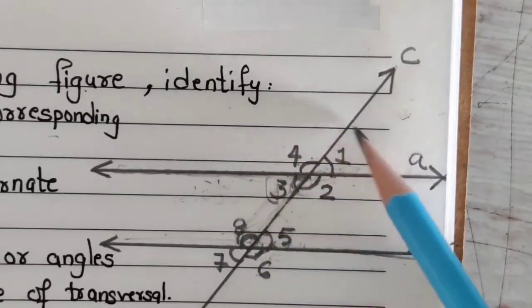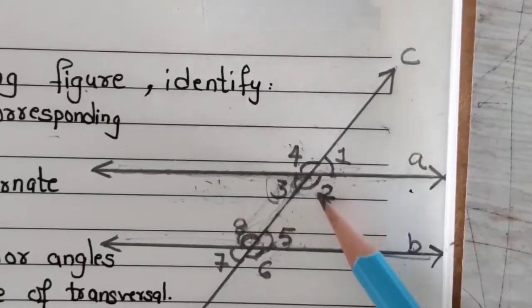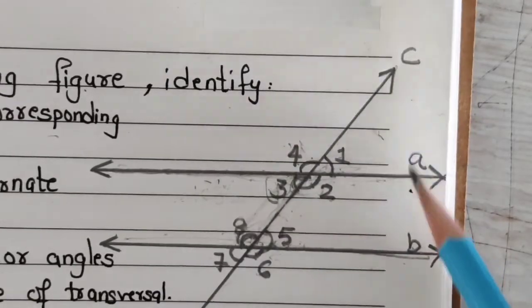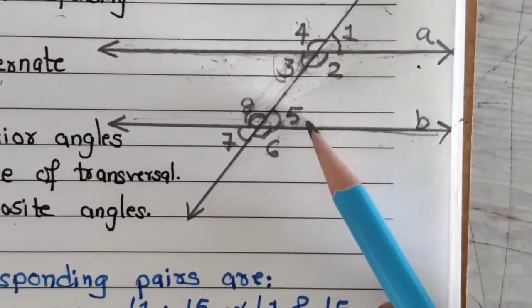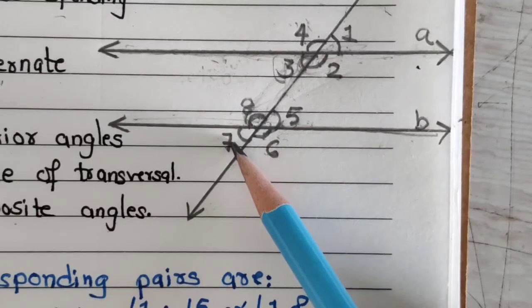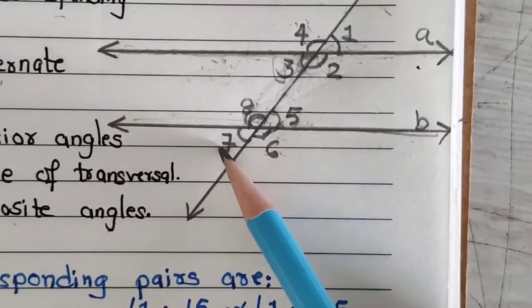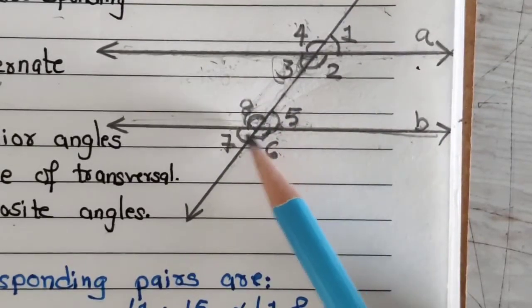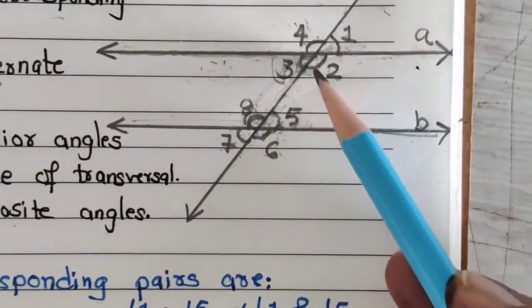Okay, so all the opposites are here, two pairs. 4 and 2 are the vertically opposite, and 1 and 3 are the vertically opposite on line A with the transversal C. Another pair you will find from line B and the transversal C. That is 5 is vertically opposite of 7 and 8 is the vertically opposite of 6. They are on the same line with the transversal. Okay, only one cross they need. This is opposite, this is opposite, this is opposite, this is opposite.